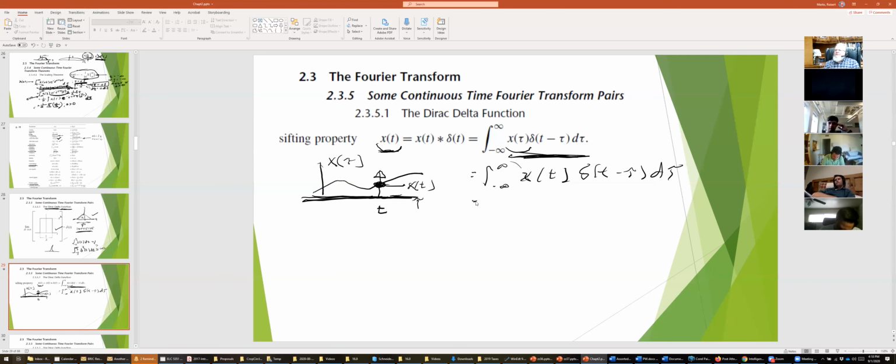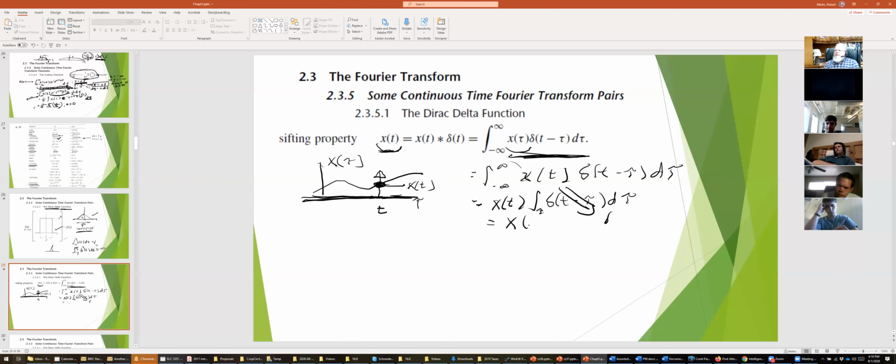And this is very nice. Since we're integrating with respect to tau, we can factor the x of t outside. And we get the area over tau of delta of t minus tau. And of course, we know that the area under a delta function is what? We've already established that. That's equal to 1. So this is just equal to x of t. So we've kind of, at least in a hand-waving manner, proven the sifting property of the delta function.